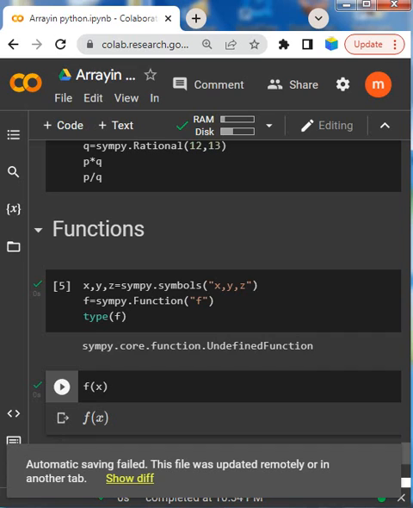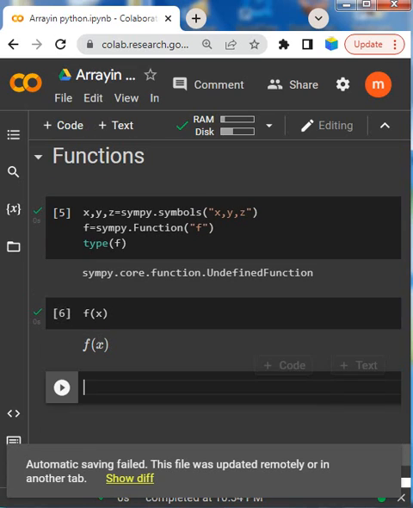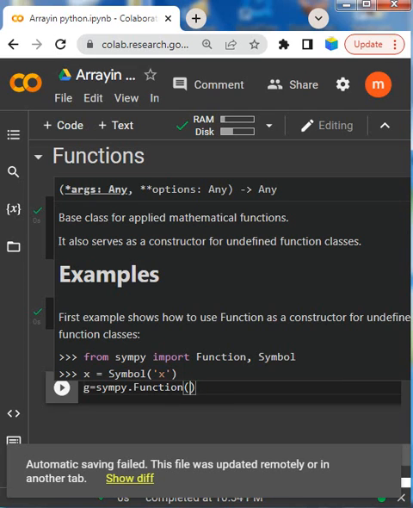Now I am going to create another function, a new variable g equal to sympy.Function.